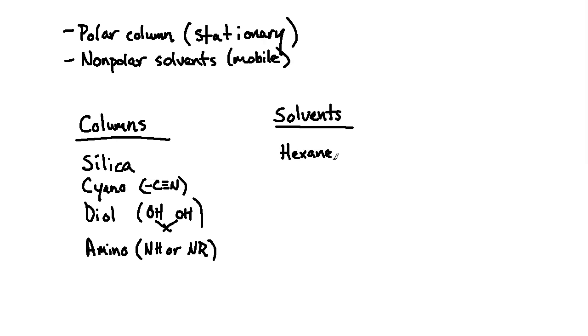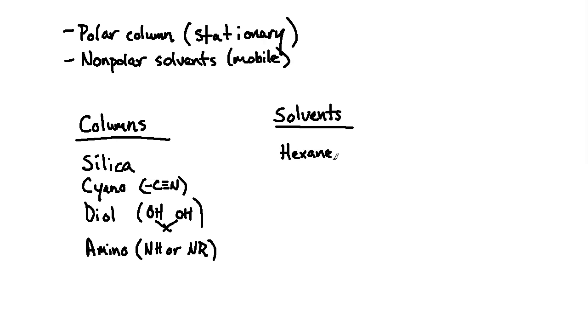Some people do, in special cases, use fluorinated solvents, but hexane tends to be a more common choice, at least from what I've seen. And hexane is usually going to be the primary solvent that you would be using. It would make up the bulk of what you're using most of the time. And that's because it is very nonpolar. It's just a strict hydrocarbon without any type of polar functional groups or modifications there.